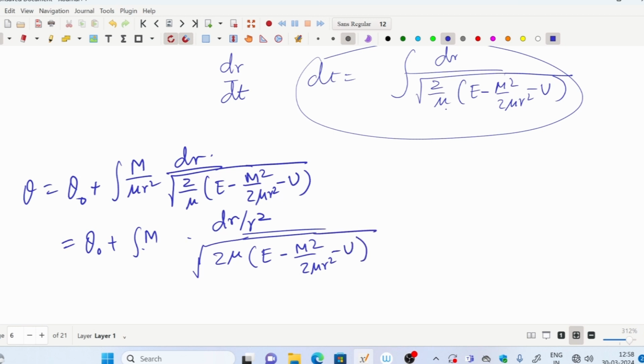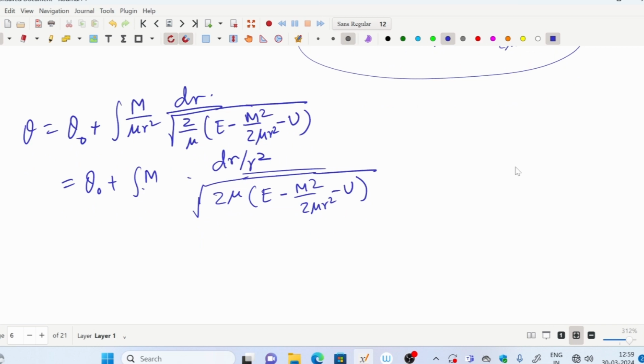So only m is outside, and now we will consider the Kepler's problem, which is U equal to minus alpha by r.